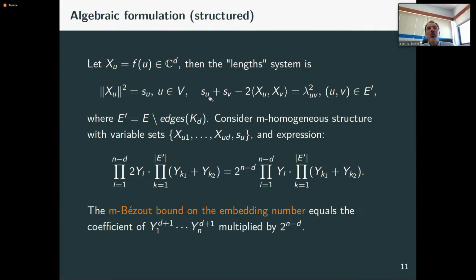And it's important to replace squares by new variables because in the context of sparse elimination theory, this removes roots at toric infinity, because there will be some roots at infinity. But in this formulation, if all of the coordinates are 0, S should be 0.